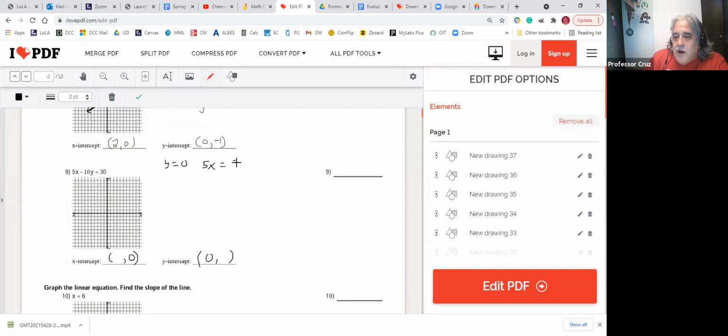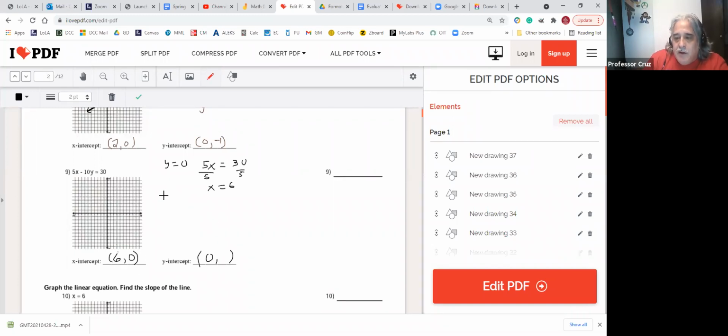You're eliminating that y term because when you put 0 in for y, negative 10 times 0 is just 0. All you got left is 5x equal to 30. All right, so there's the x-intercept.